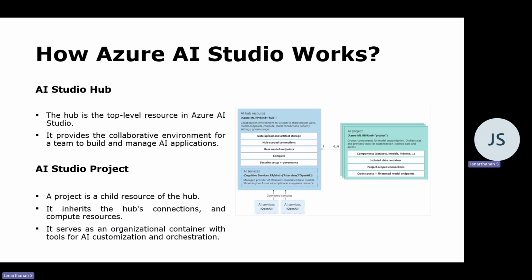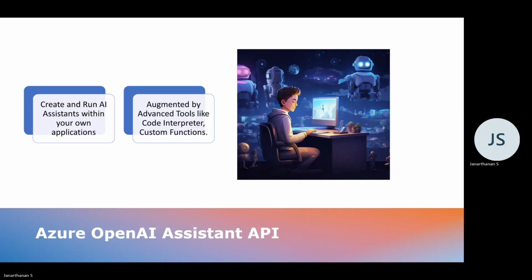Let's see what the Assistant API is, how it works, what the Assistant API playground is, and the respective components in the upcoming slides. The major purpose of the Azure OpenAI Assistant API is to create and run AI assistants within your own application. If I want to build my own assistants, we can make use of the Assistant API playground.